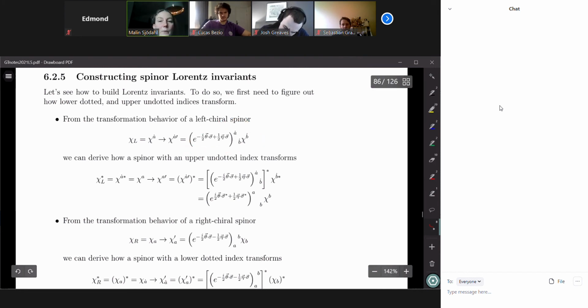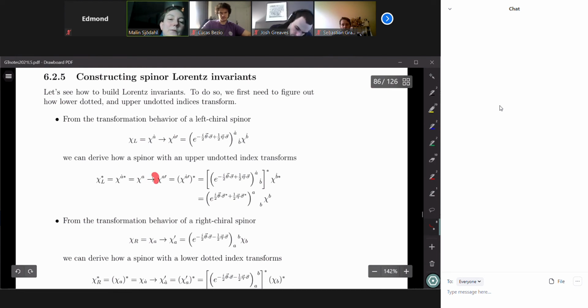But then we want to derive the transformation of an upper undotted index, and dots were removed by complex conjugation. So I'm considering the complex conjugated version of this. So I take my chi alpha dot and I complex conjugate it, and I should then have something without the dot.